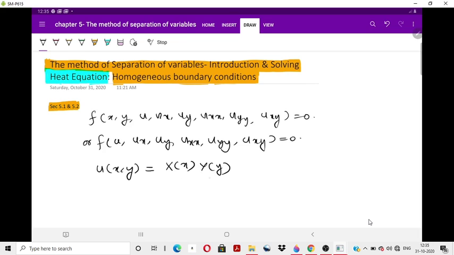That means X of x into Y of y, or simply XY. So the solution is a product of the two functions, or we can separate the solution as a function of x alone and a function of y alone. That's why this solution is known as a product solution or separated solution.